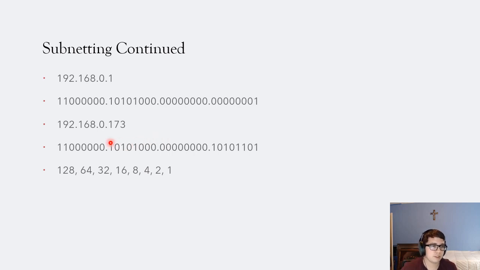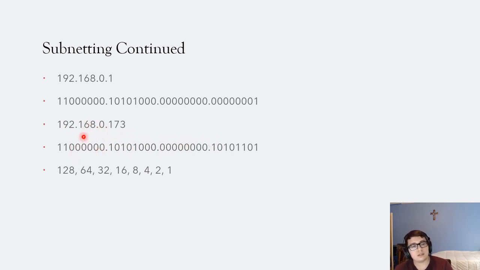Next address you have here is 192.168.0.173, and this is the binary for that address. Following the same rules here, same thing applies. This octet for this one, this octet for this one, and so on.